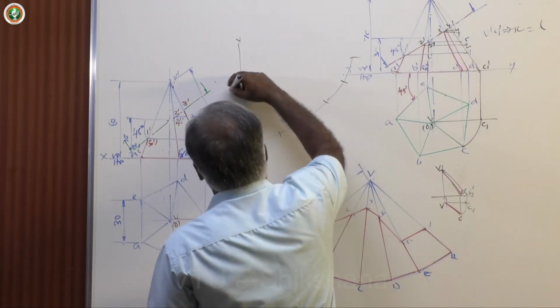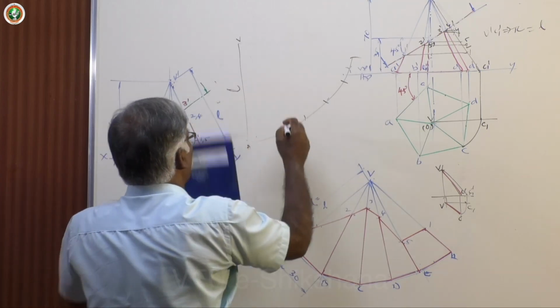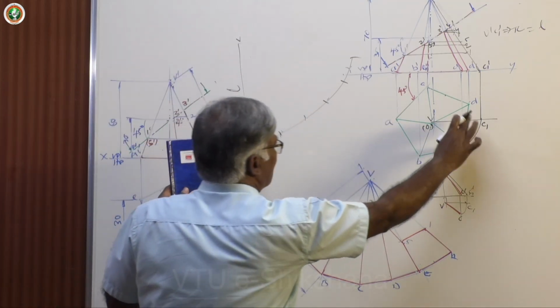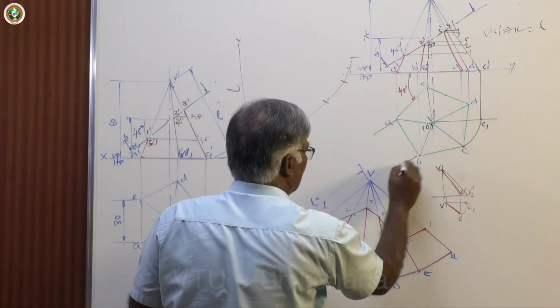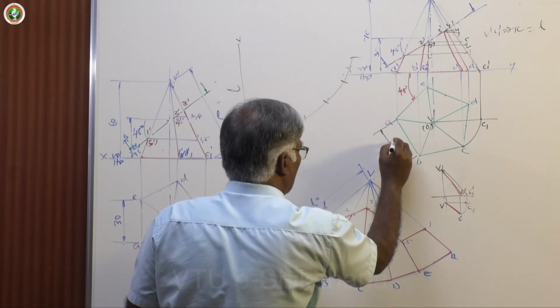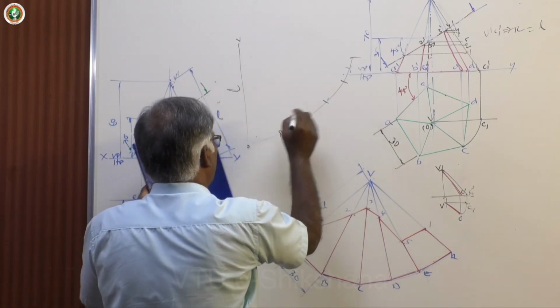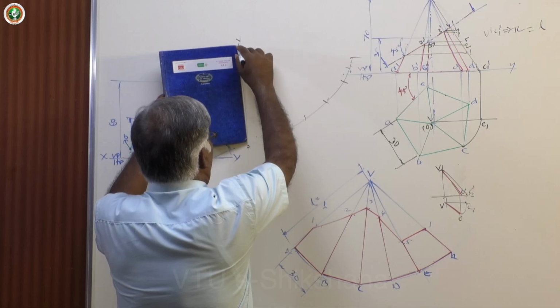L equal to radius, draw an arc. Okay. Then take base distance, say base distance is 30. 30 equal to radius, draw arc. Then join them.